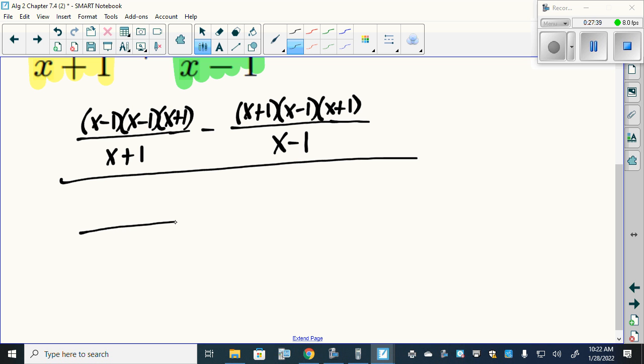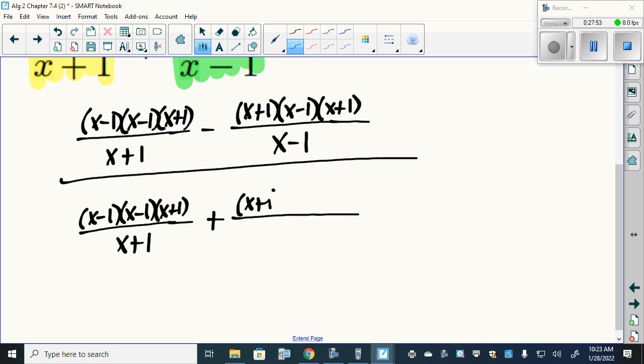And the denominator, we have x minus 1 times x minus 1 times x plus 1 over x plus 1, plus x plus 1 times x minus 1 times x minus 1 over x minus 1. So we multiply the numerator of each one of these by x plus 1 times x minus 1.